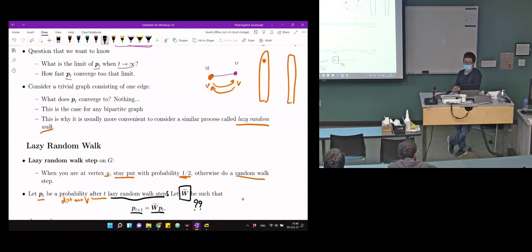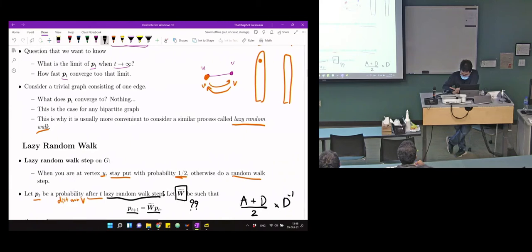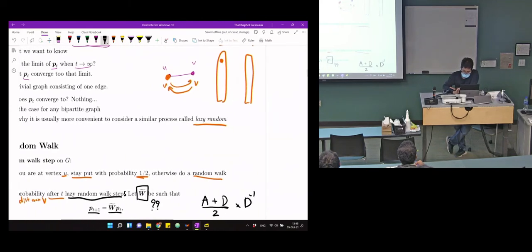A plus D over 2, times the inverse. Right.